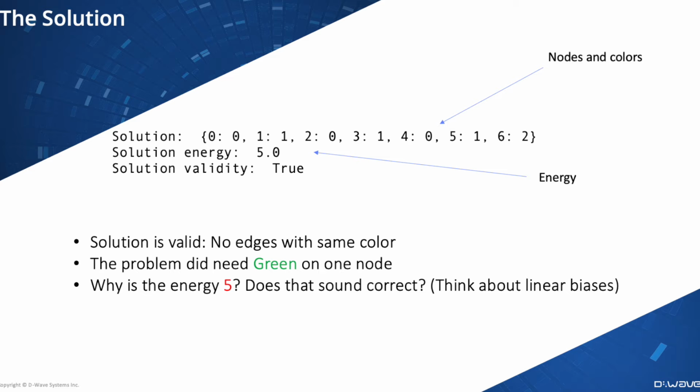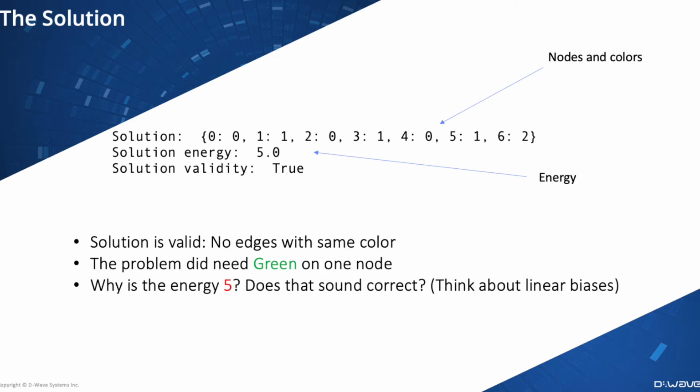And the question for you just to ponder quickly here is, why is the energy 5? Does that sound correct? And if you think about it for a minute, remember that when we set the linear biases, we chose to penalize the use of each color by a bias equivalent to its color number.